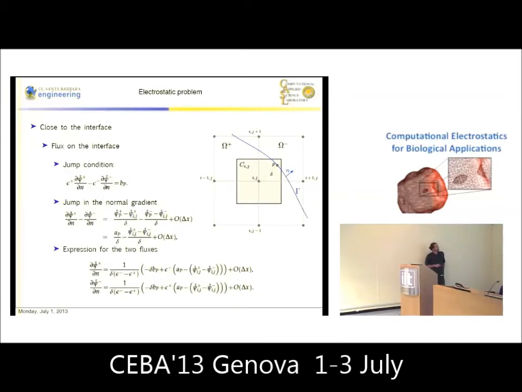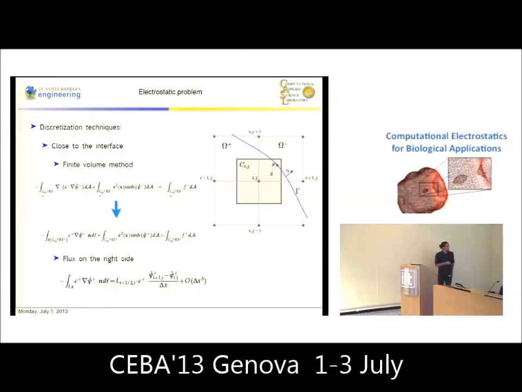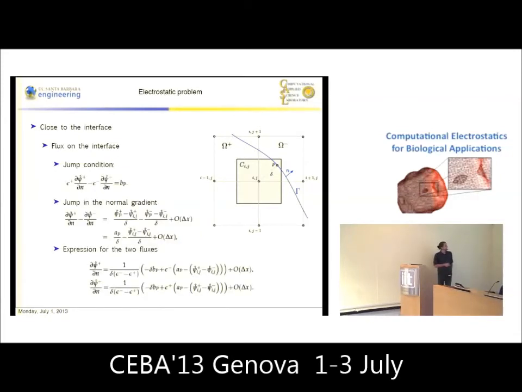So this is the jump condition in the general case. The jump between the two fluxes is equal to some given function. The problem is that here we want to know the flux, and here we have the jump in the flux.